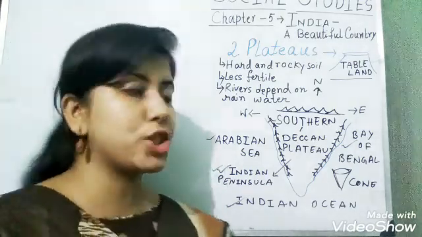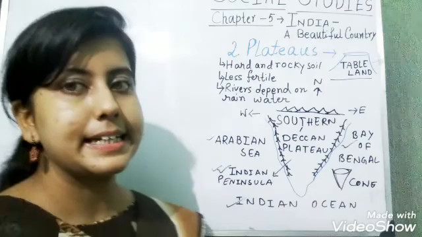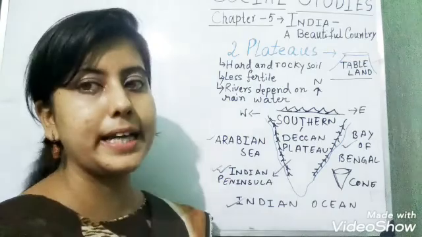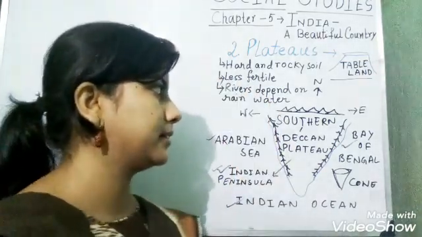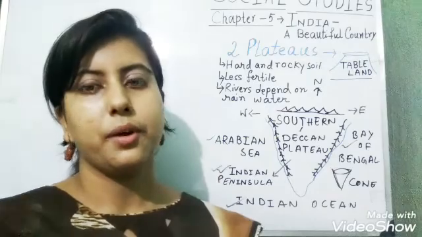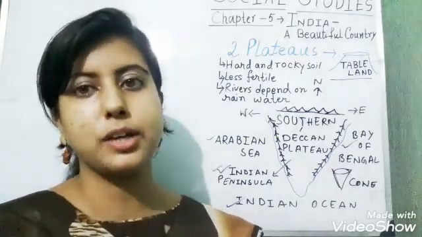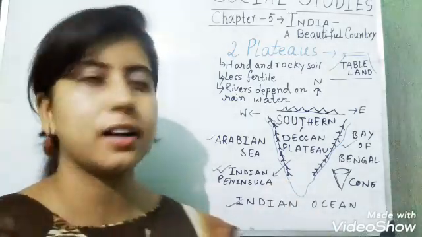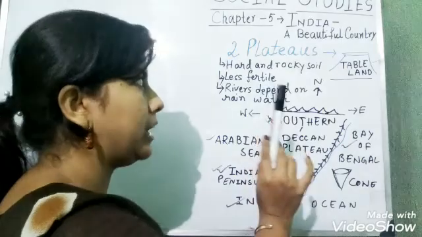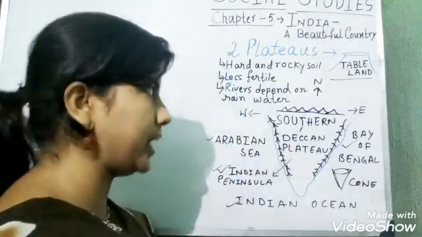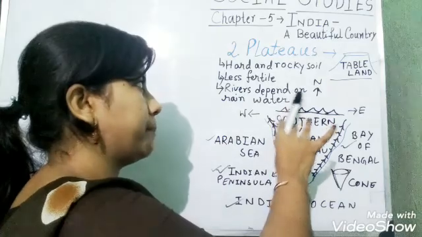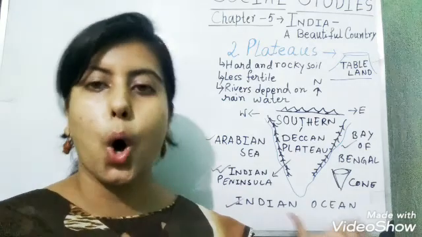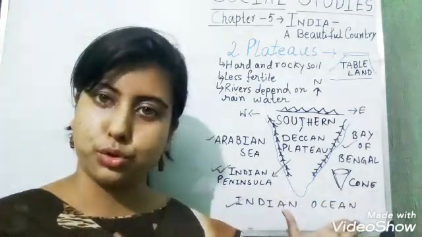Another two features of this part are that it has hard and rocky soil, and the soil is less fertile. So not many crops can be grown in this part. So some of the features are hard and rocky soil, less fertile soil, and rivers depend on rainwater. So this was all about plateaus.